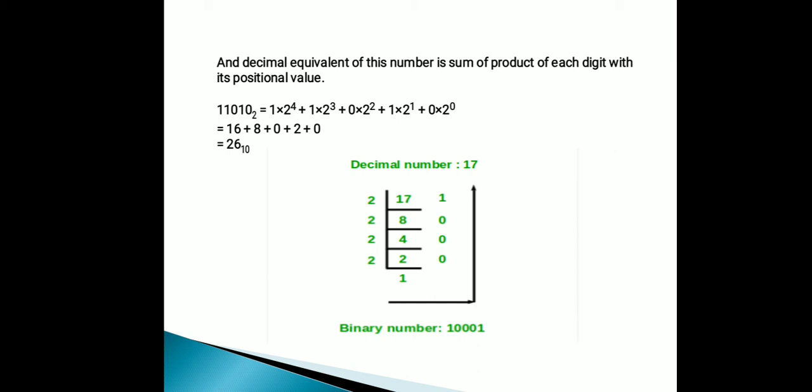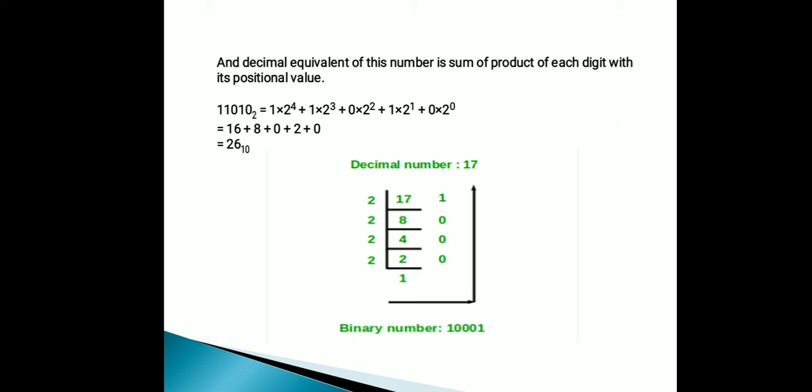Plus, the third digit is 0, so 0 into 2 to the power 2. Similarly, the fourth digit is 1 into 2 to the power 3. And the last one, the leftmost digit, is 1 into 2 to the power 4.